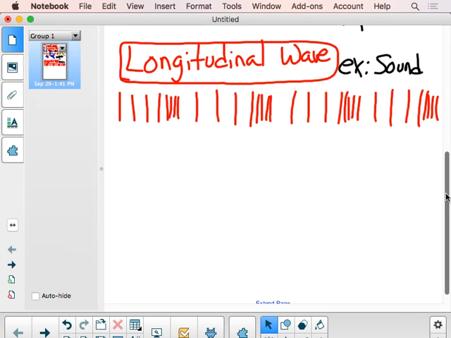Exactly, because the sound cannot travel through nothing. It has to go through something. And the something is air, or liquid, or solid. It has to go through something, okay?